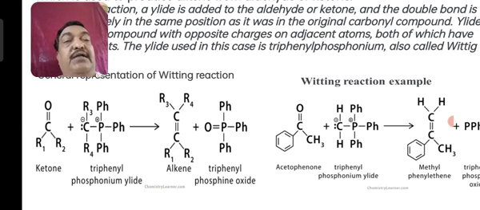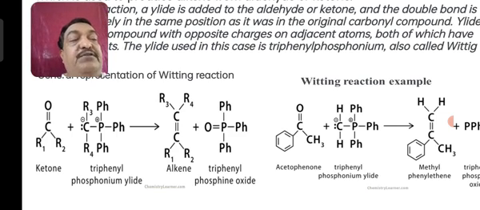When treated with an aldehyde or ketone, there is a formation of alkene, R1, R2 C double bond C R3, R4. And the oxygen shifts to phosphorus, making triphenylphosphine oxide. This is called the Wittig reaction.